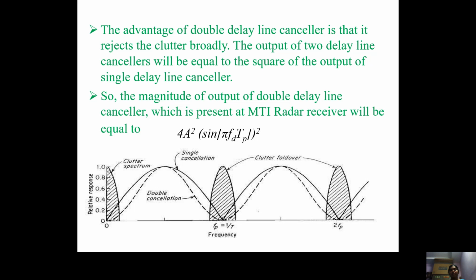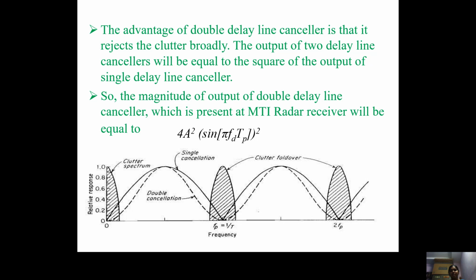Here the broad value denoted by the pulse is the clutter spectrum. If you look at this frequency response clearly, most of the DC spectrum is eliminated when we increase the number of delay lines. By using the single delay line canceller, we could see some of the DC clutter present in the frequency response.